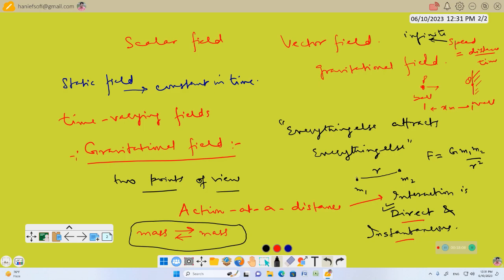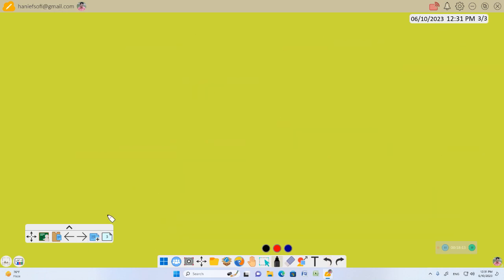But we have a speed limit in physics. Remember, we have a postulate of the special theory of relativity.